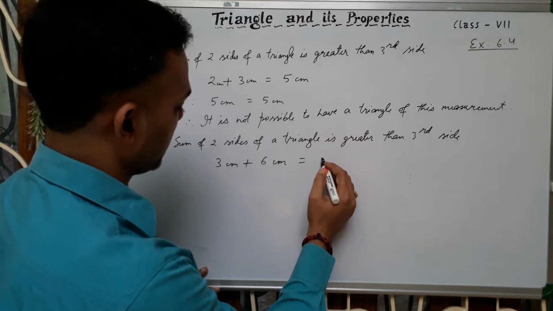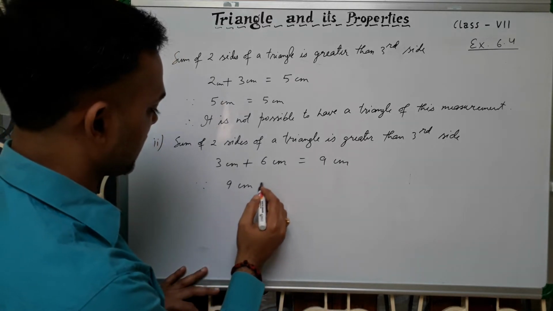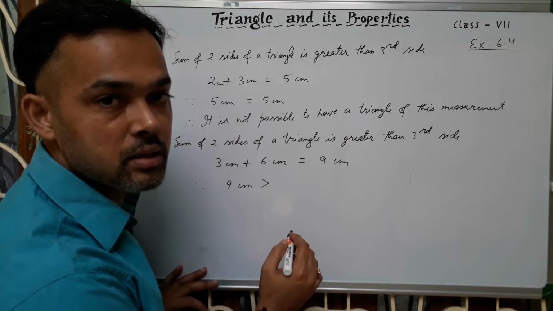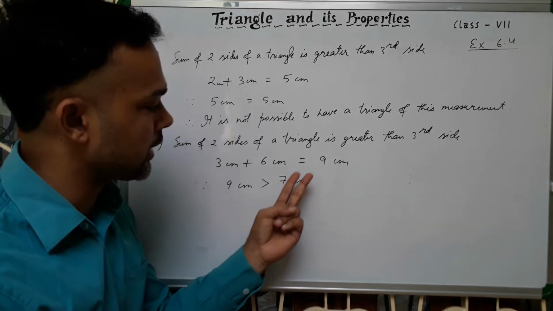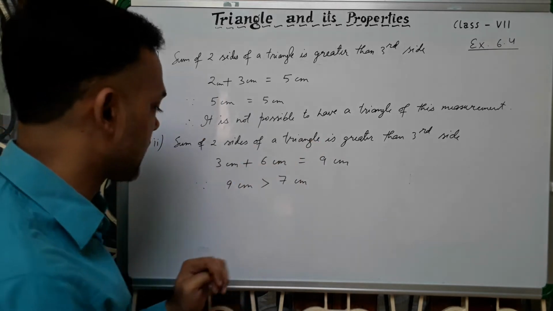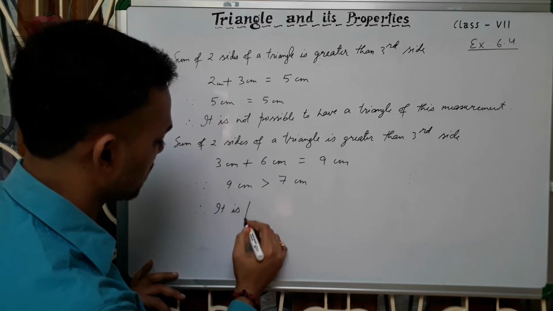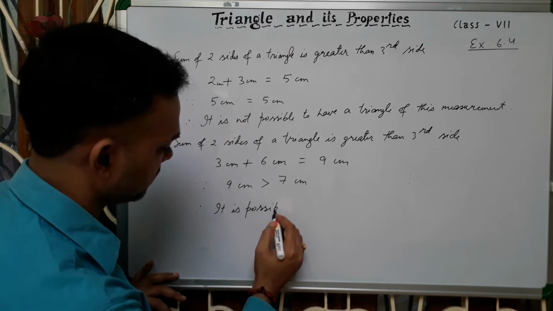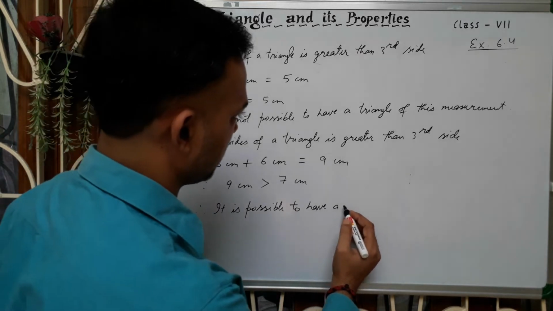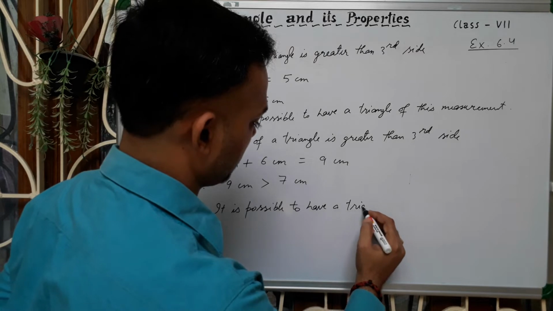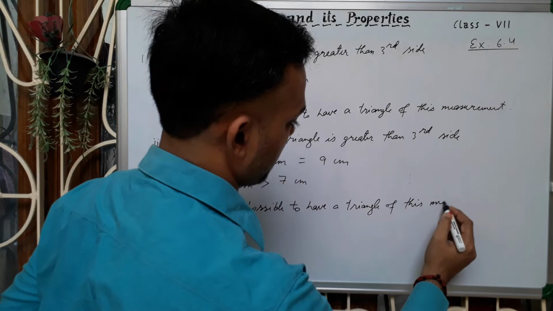When you add them, you get 9 centimeter. Since 9 centimeter is greater than 7 centimeter, which is the third side, therefore it is possible to have a triangle of this measurement.